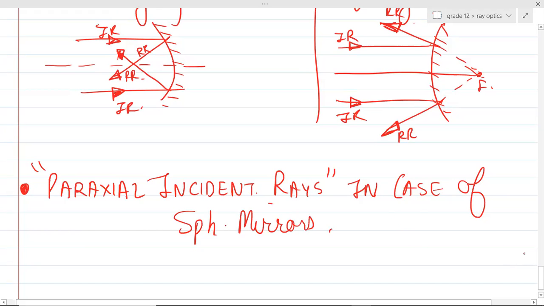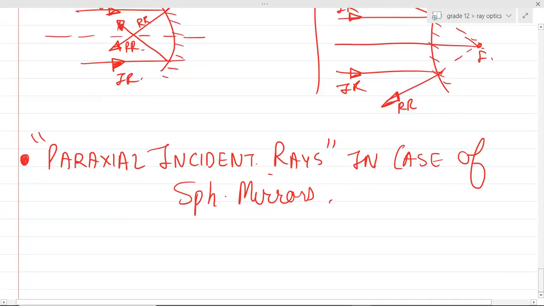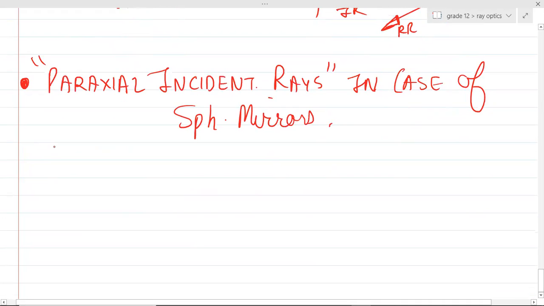So guys, let's talk about paraxial incidence in the case of spherical mirrors. The same paraxial incidence will be there in the case of lenses as well, we'll talk about it later. First of all, what do you mean by paraxial incidence or paraxial incident rays?